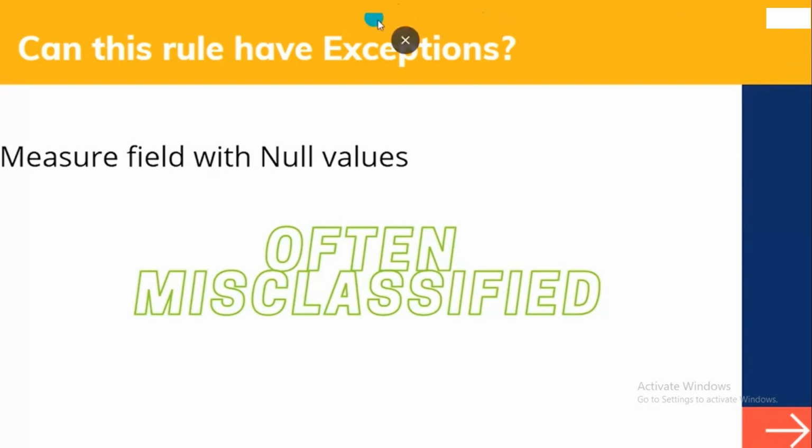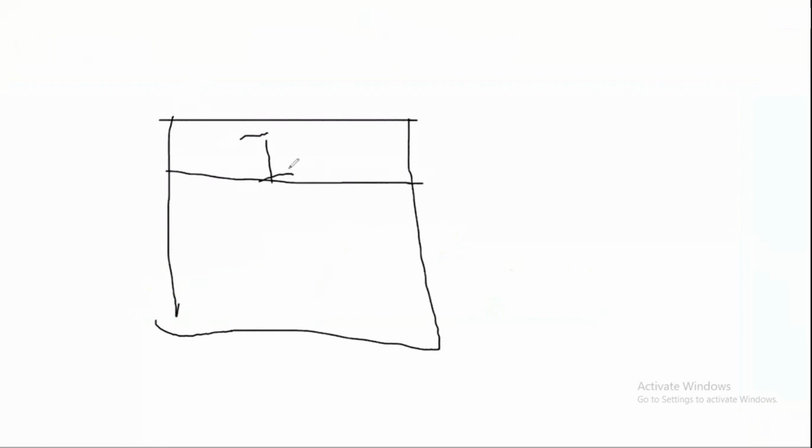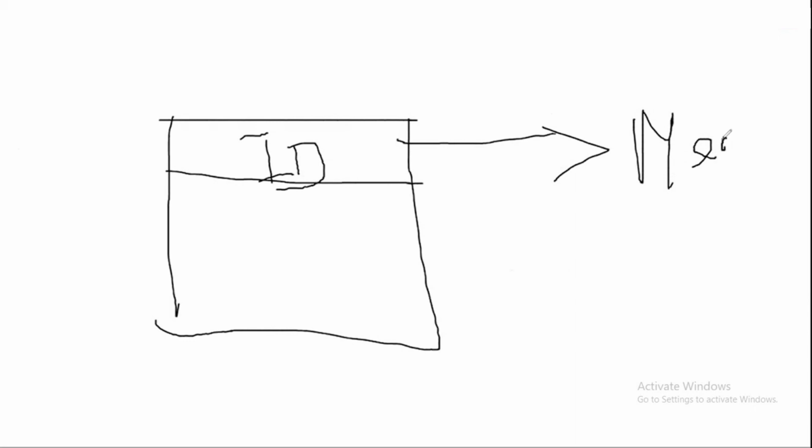What I'm trying to say is, say for example, I have this field, an ID field, and I want this to be a measure. I want this field to be identified as a measure.